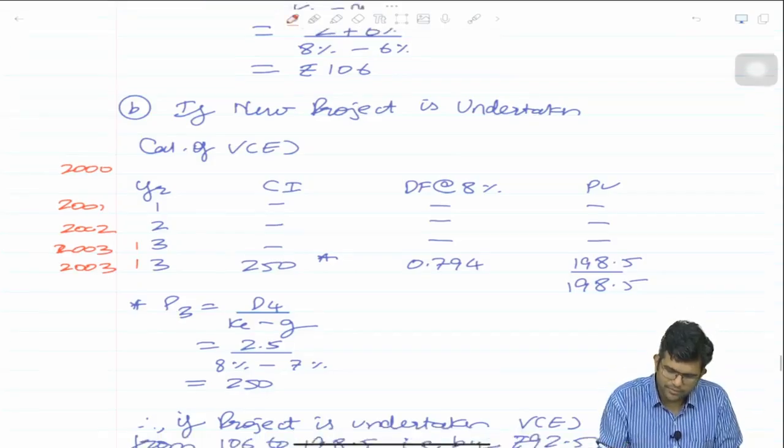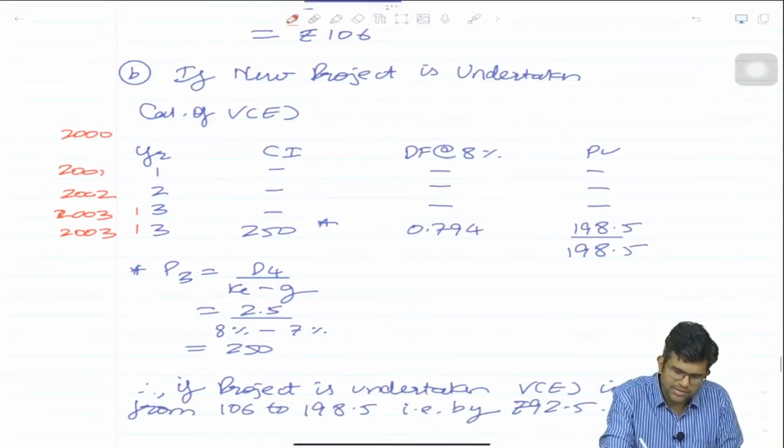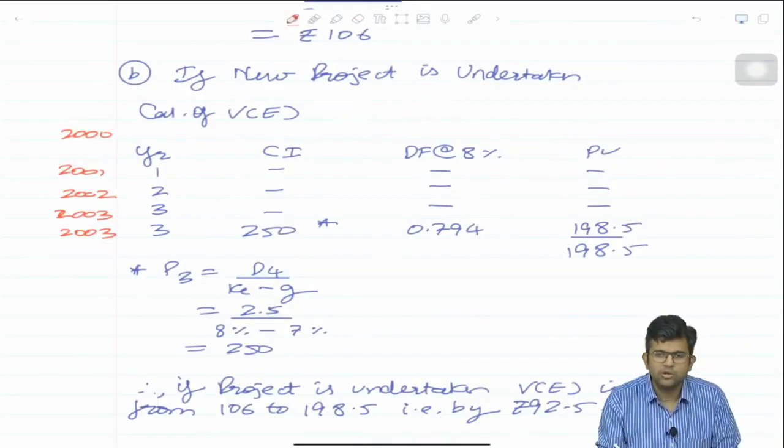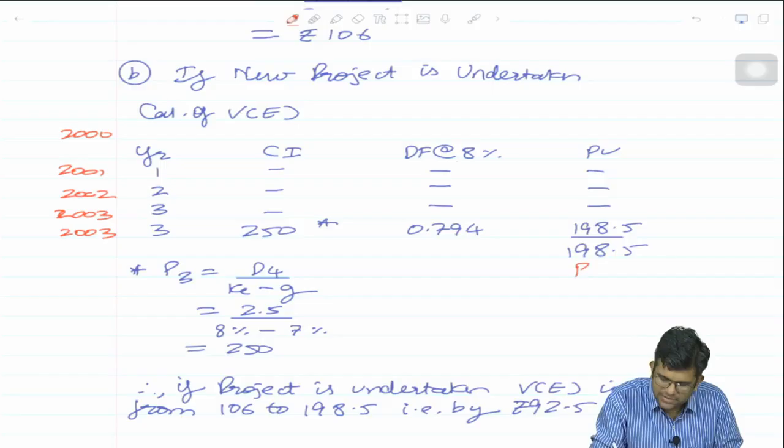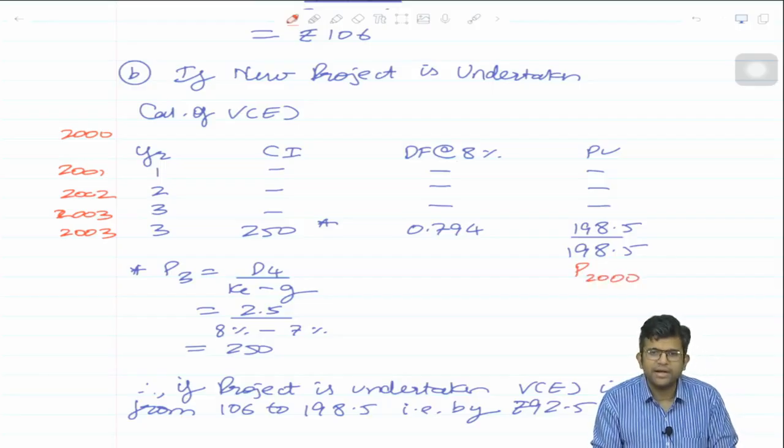Whatever I'm writing in red. These years I have taken, 2000, 2001, 2002, like that, random years I have taken. Can I say this is price of the year 2000, 198.5? This is today, year 0.